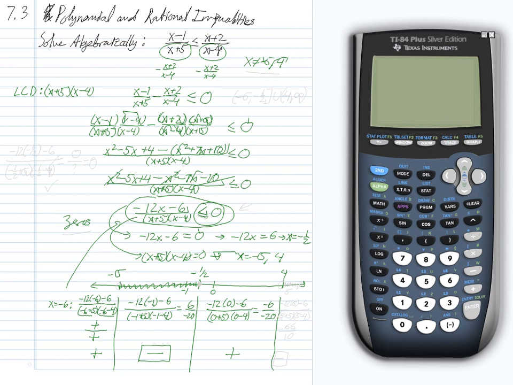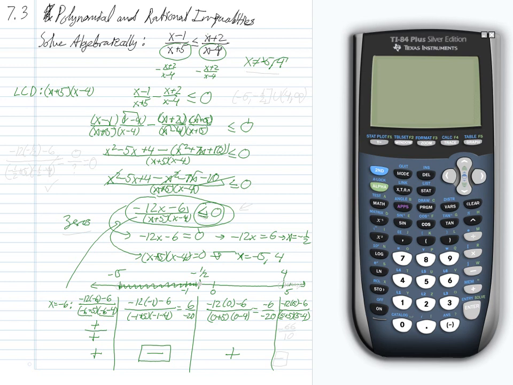And finally, I'll pick a test number beyond 4. How about 5? So if I plug my x value into the function, negative 12 times 5 minus 6 over 5 plus 5 times 5 minus 4.